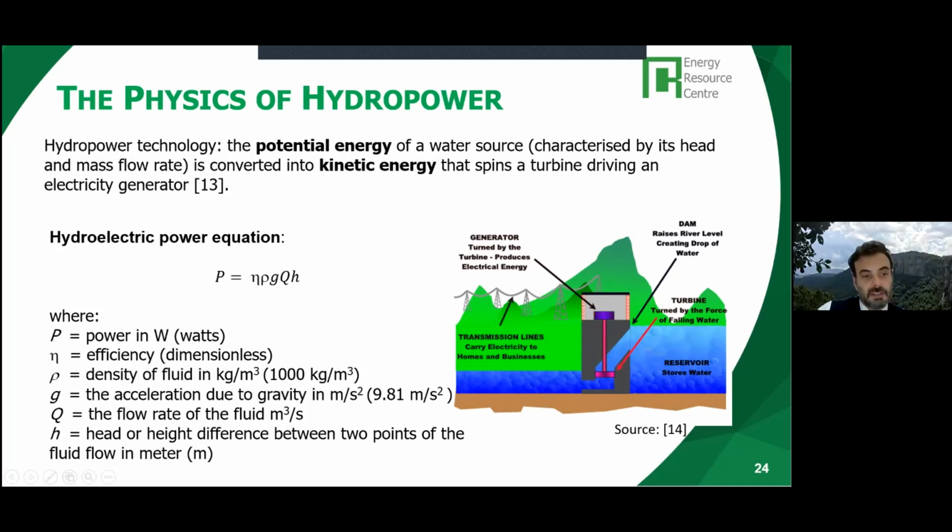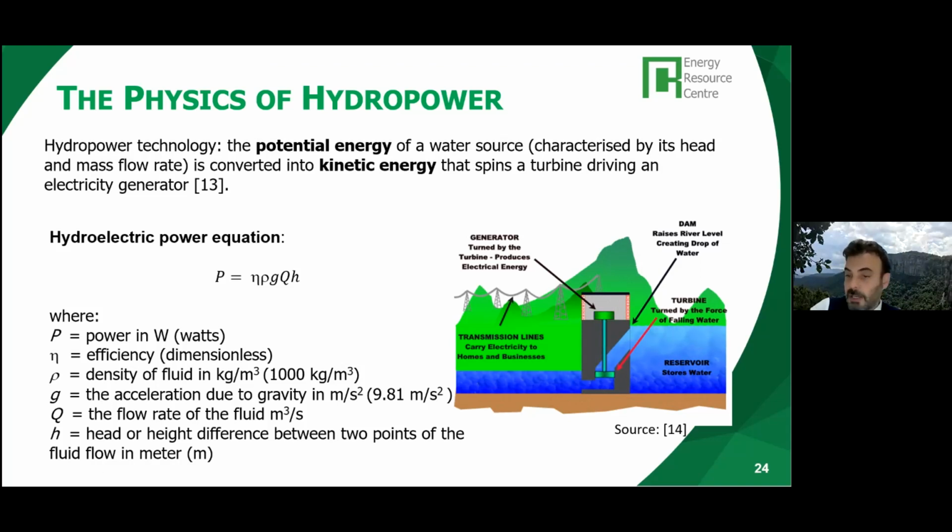This is the head, the height difference between the 2 points where the water is flowing or moving. And finally, the flow rate, the volume of water that is moving per unit of time. The flow rate is measured in cubic meters per second or cubic meters per day, etc.